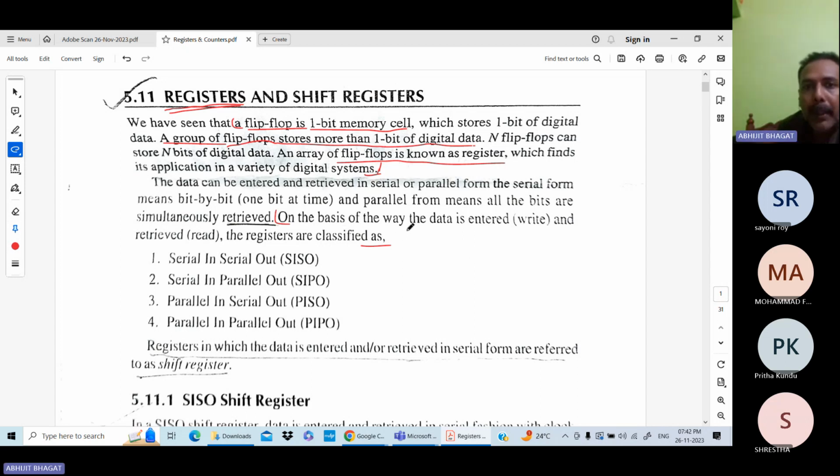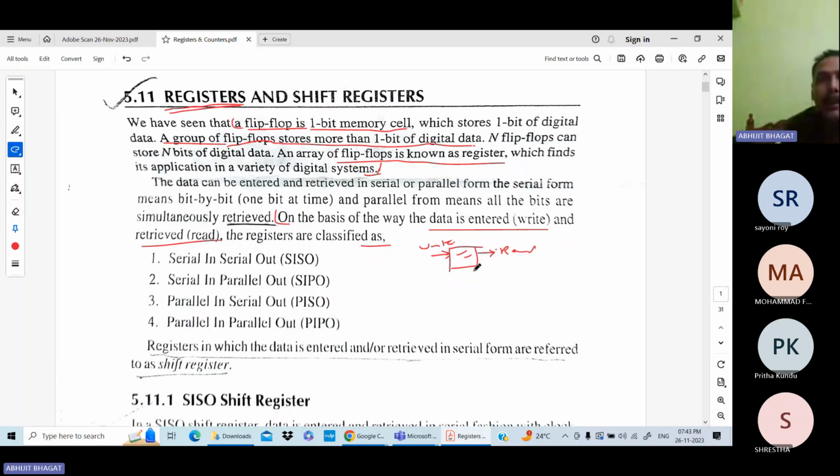Now, on the basis of how the data is entered or written and retrieved, how the data is entered in the flip-flop or data is taken out from the flip-flop. Out means read, and in means data is written in the flip-flop.